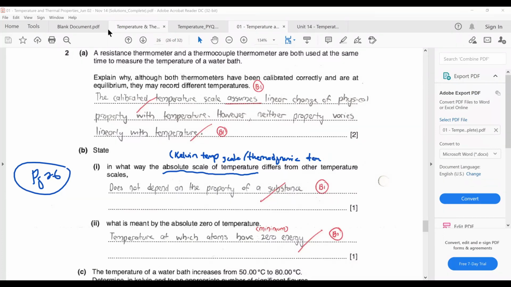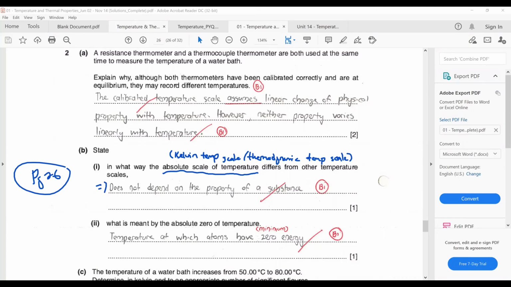So basically what they're asking you right now is how is the Kelvin scale different from other temperature scales? The only other temperature scale you learn is the degree centigrade scale. Just now I told you it does not depend on the thermometric property of the substance, right? So the answer is this: it does not depend on the property of a substance. And what is meant by absolute zero of temperature? Temperature at which your atoms have zero energy.